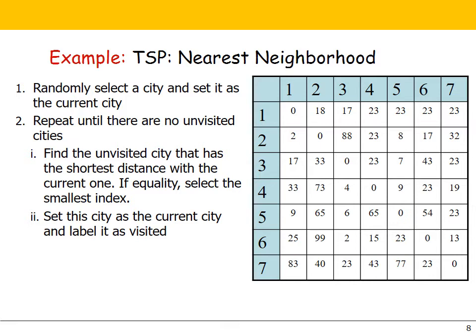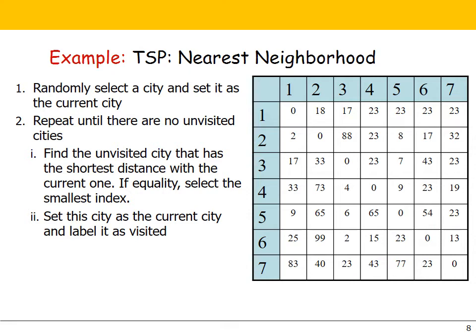So in this example, we are given 7 cities and we are given the distances between each pair of these 7 cities. To reach from 1 to 2, 18, you can say kilometers or meters. From 1 to 3, it's 17.